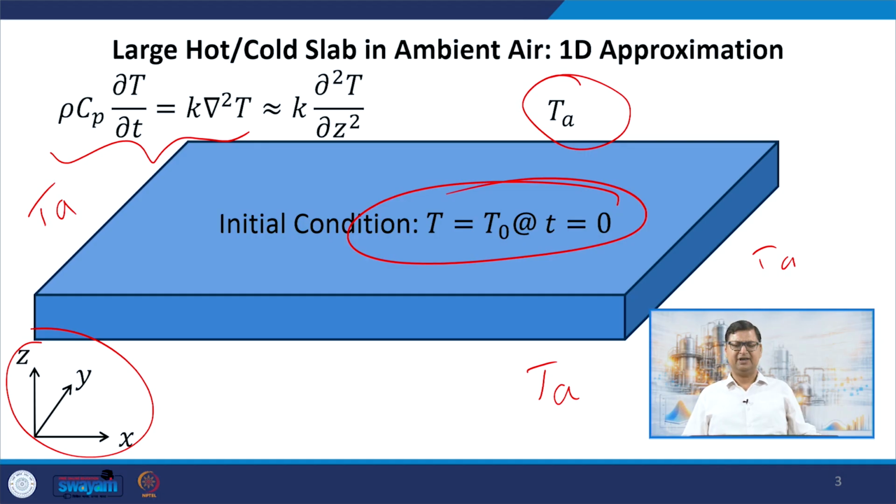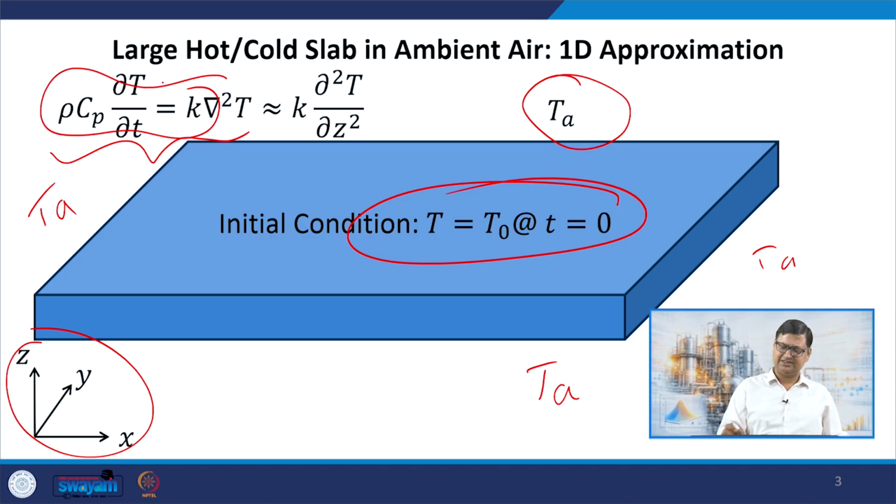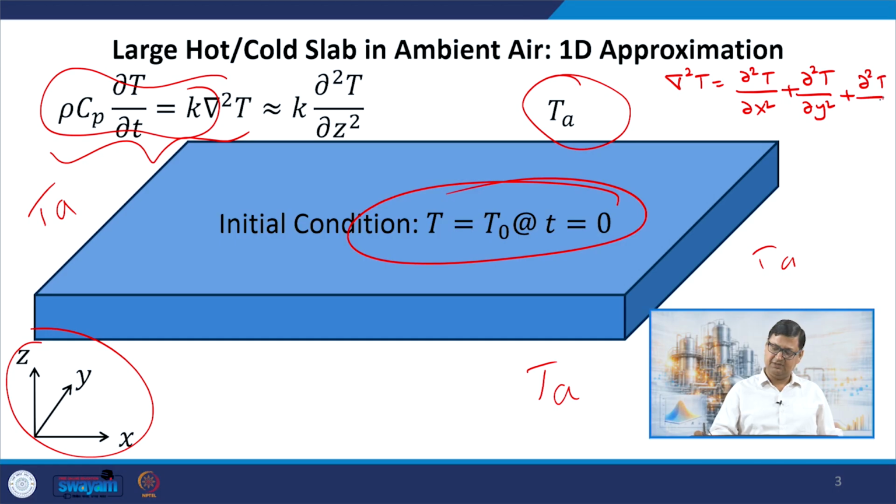So if this is my coordinate system, then I can have the heat equation like this, and if you recall, the Laplacian operator gives me that del square T is del 2 T by del x square plus del 2 T by del y square plus del 2 T by del z square. So we have derivatives of x, derivatives of y, derivatives of z.